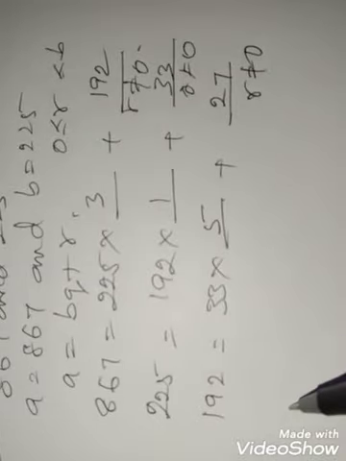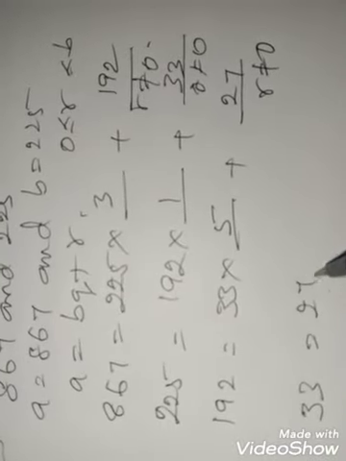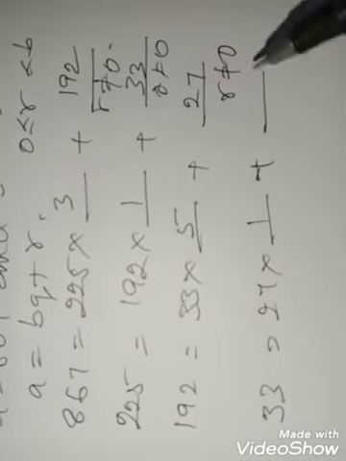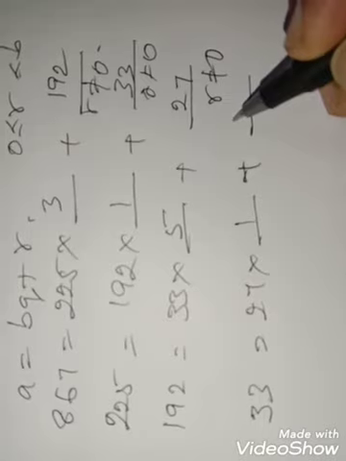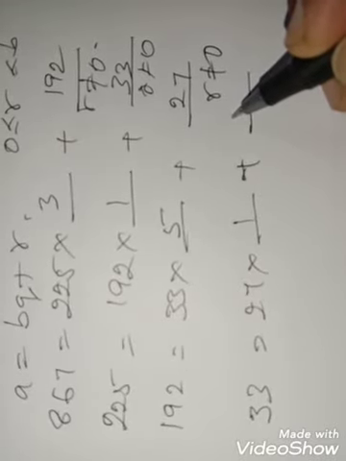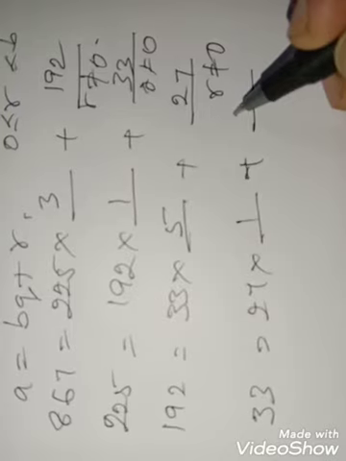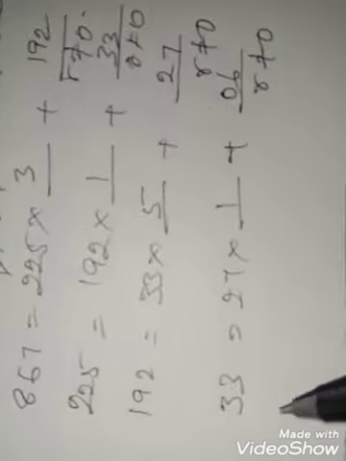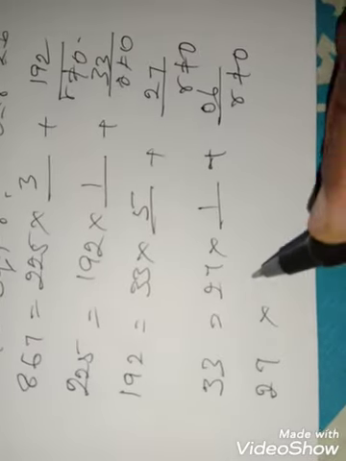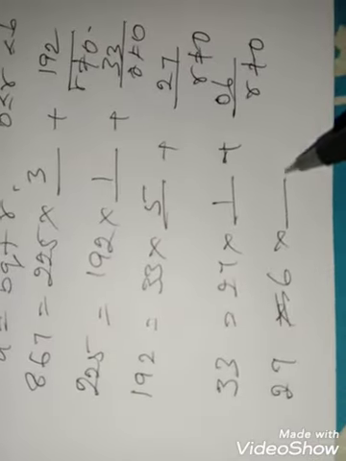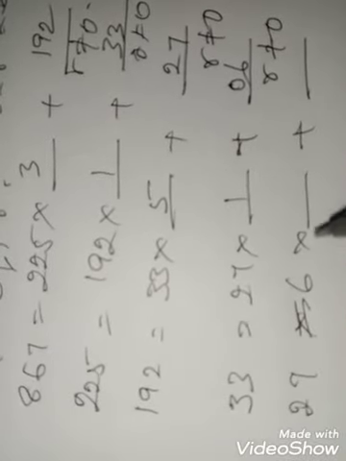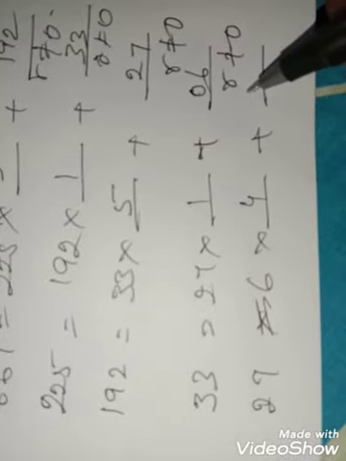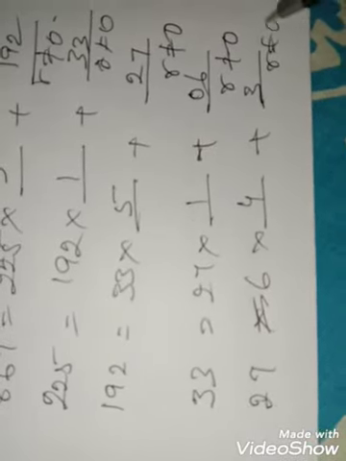Then the process continues, so I can write 33 is equal to 27 into dash plus dash. If I multiply with 1, the remainder is 6. Again the remainder is not equal to 0. Then 27 is equal to 6 into dash plus dash. 6 fours are 24, the remainder is 3, again not equal to 0.